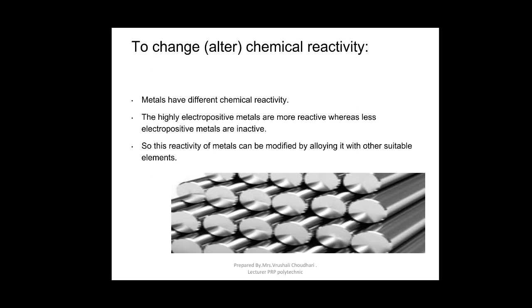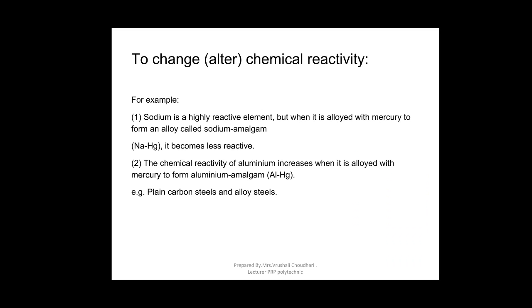To change or alter chemical reactivity. Metals have different chemical reactivity. Highly electropositive metals are more reactive, while less electropositive metals are inactive. So the reactivity of metals can be modified by alloying with other suitable elements. We can increase or decrease the activity of a metal by alloying with suitable elements.